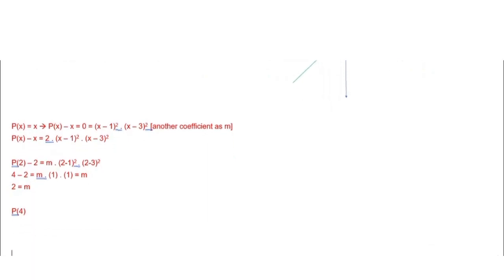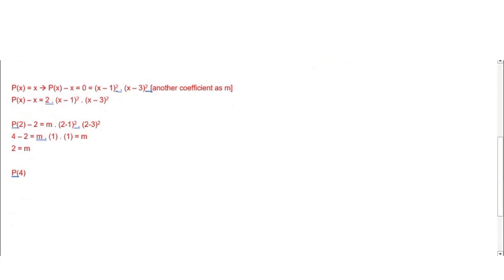I have P(4) minus 4 equals 2 times (4 minus 1) squared times (4 minus 3) squared, and you can find this equation. 2 times 9 times 1 equals 18.